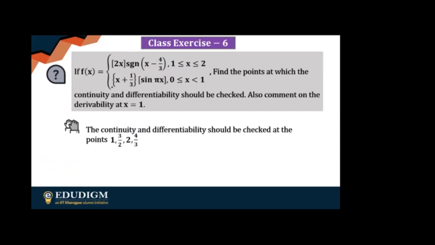Now look at this one. This is the fractional part function. What is the fractional part function? That is actually x minus box x. So you know that we don't have any problem with x because it's an identity function, but box x can be problematic at integral values.